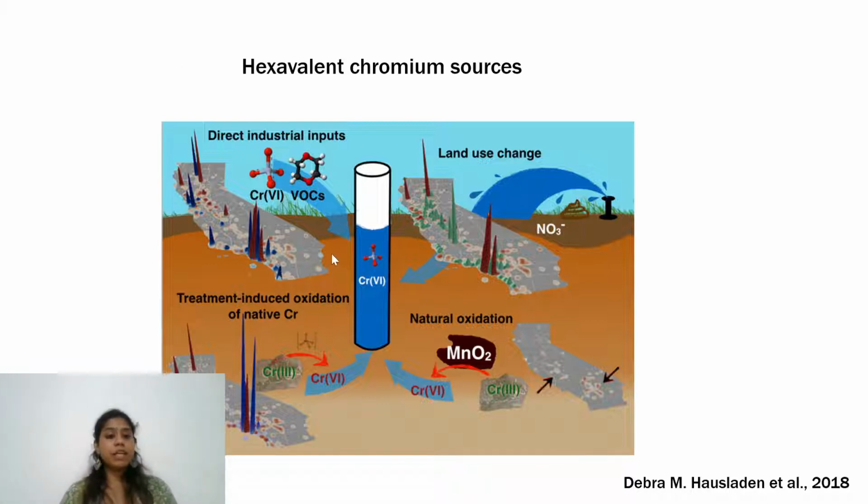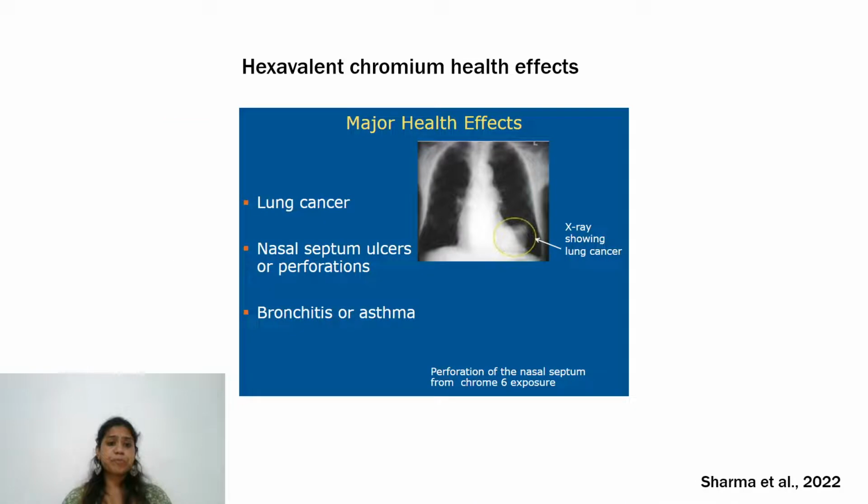They might be releasing this directly into the environment. It could be from natural oxidative processes in the soil. It could be from agricultural activity and so on. So these are all different sources from where chromium would enter into the environment.